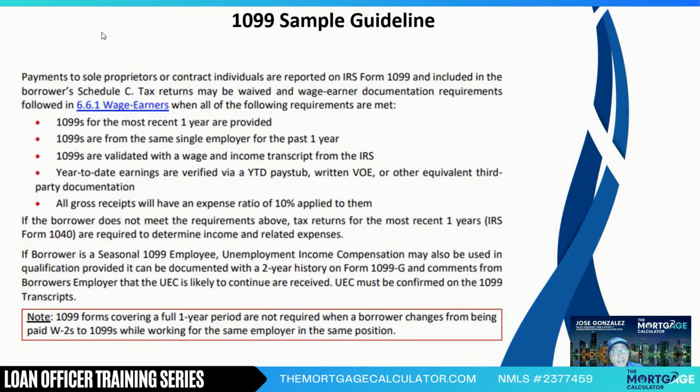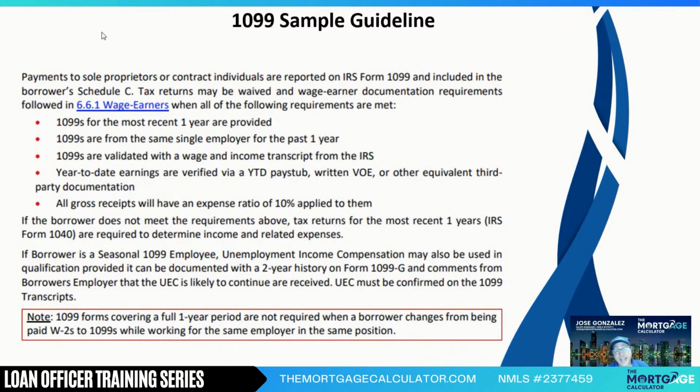You do get 1099s for unemployment compensation as well. And notice it says here the unemployment compensation must be confirmed on the 1099 transcripts, which was what I was telling you, the wage and income transcript. Now, notice the note in the bottom, right?